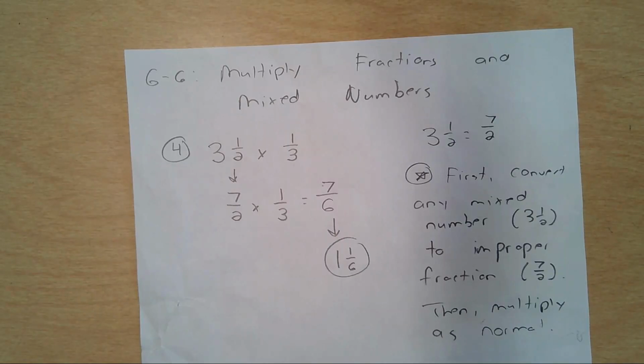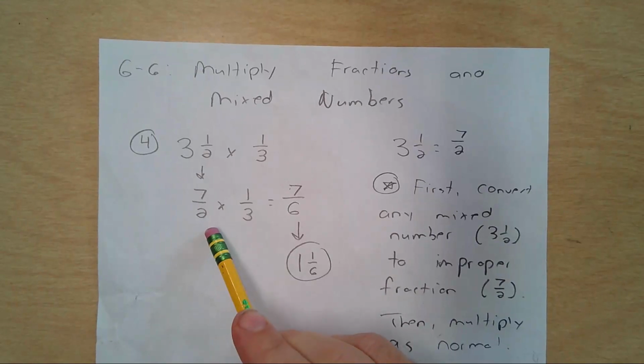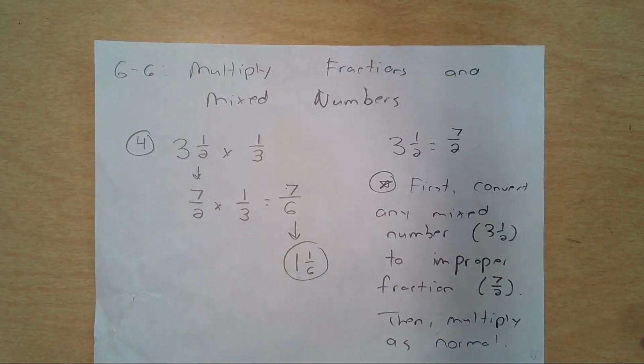So the name of the game is being able to convert between those two forms. Get your mixed numbers in improper fraction form first. Multiply as normal, look to cross simplify where possible, and then finally convert your answer into mixed number form if necessary. And that's it.